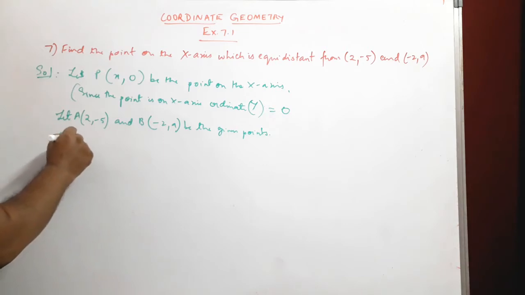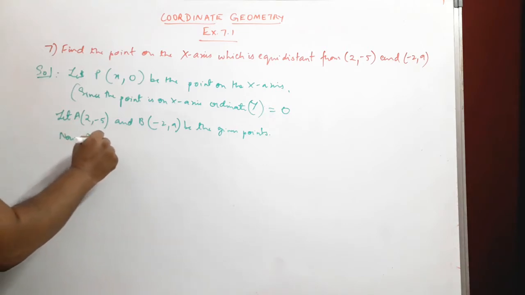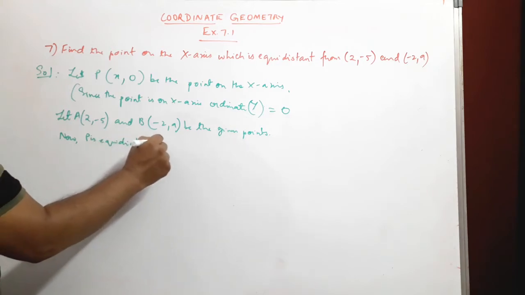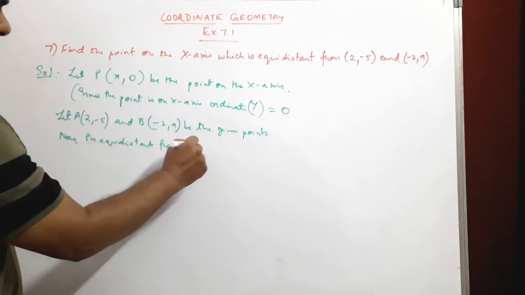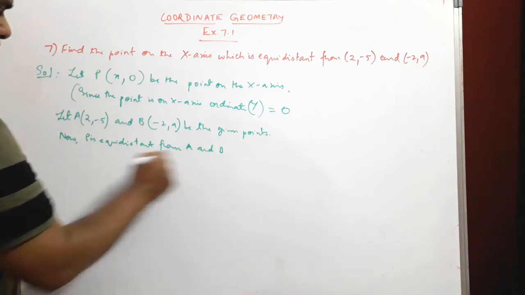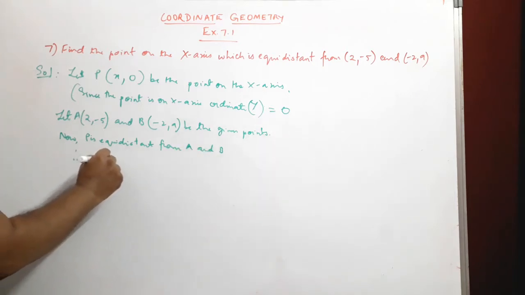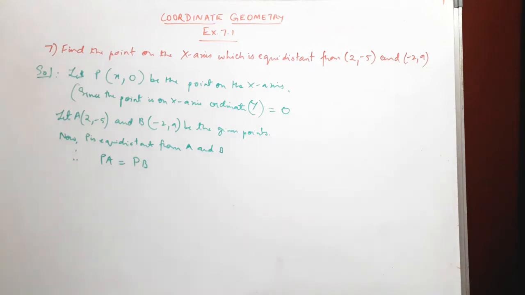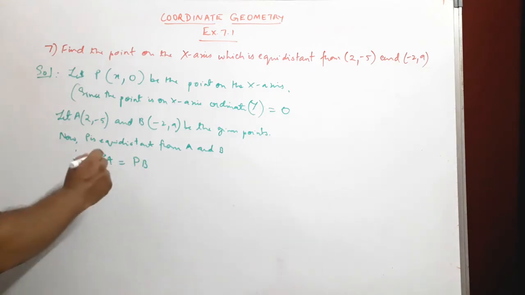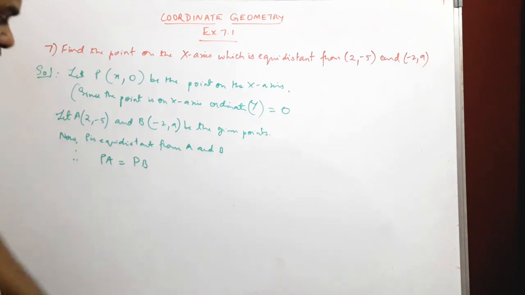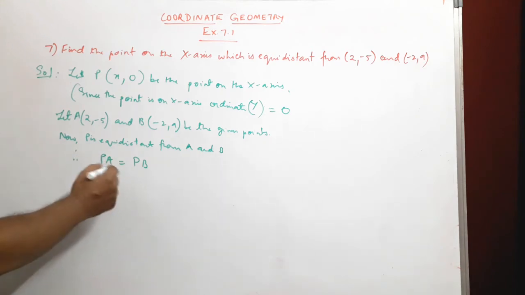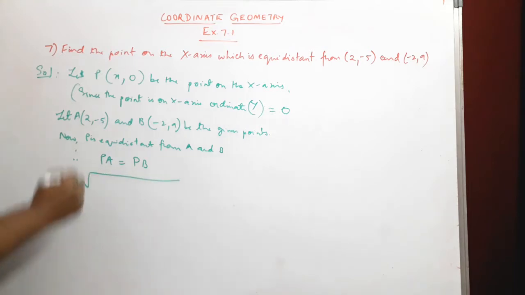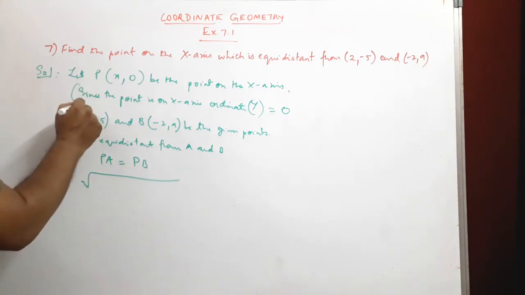Now P is equidistant from A and B, therefore PA should be equal to PB. Now we'll use distance formula to get PA.